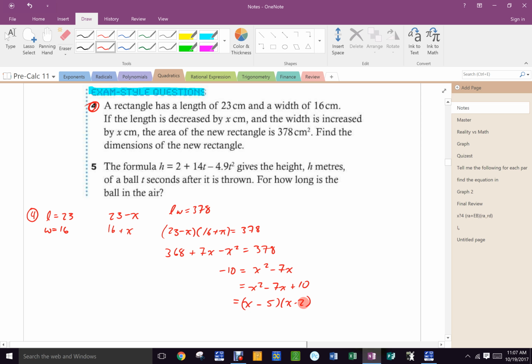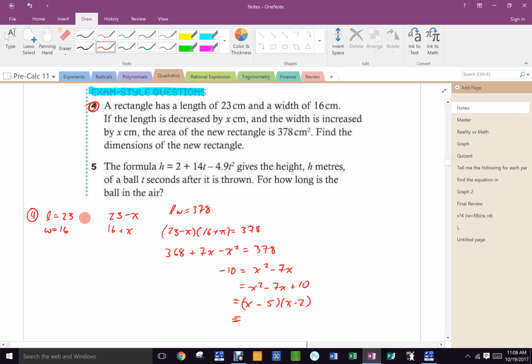So what are your two choices for x? X equals 5 and 2.